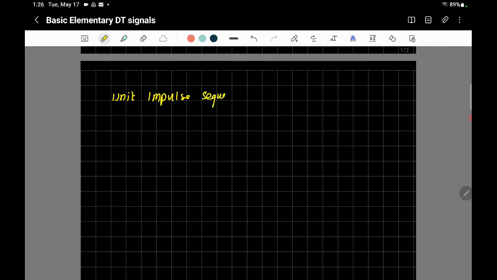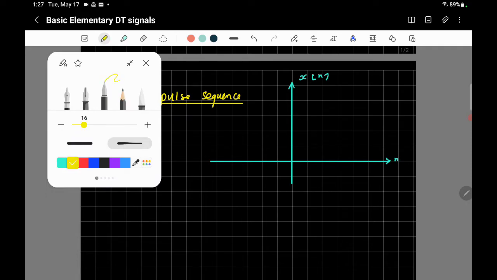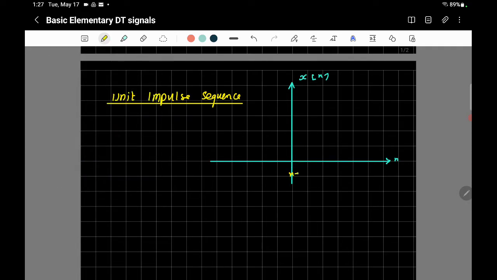You have only one pulse, right? If you have the horizontal axis n and the vertical axis x of n, you have only one pulse, as you know, at n equals 0.